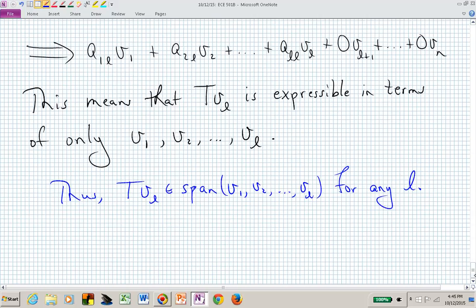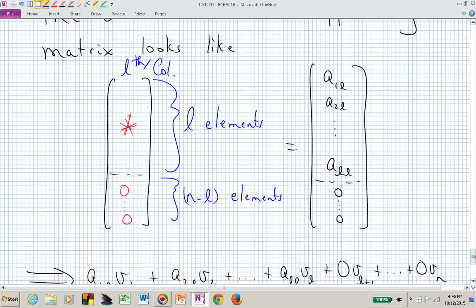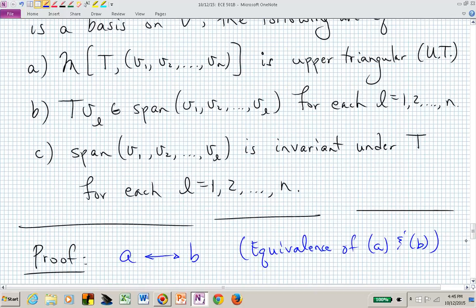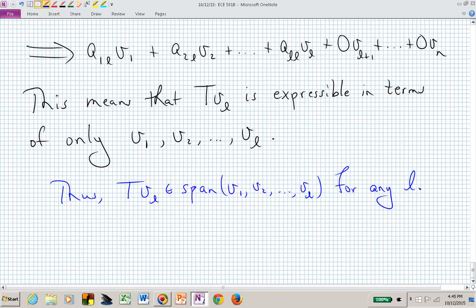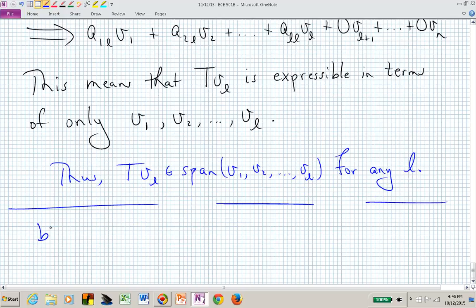And that's then saying that if we have an upper triangular matrix, we also have statement B, which says that T v sub L lives in the span of those first L basis vectors. So now A implies B has been shown. What about B implying A?